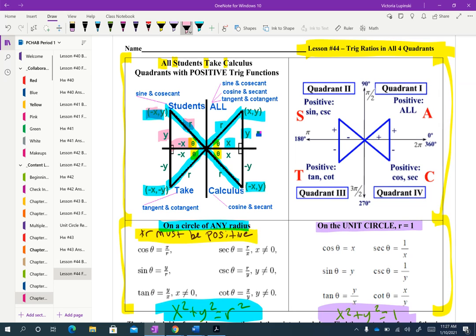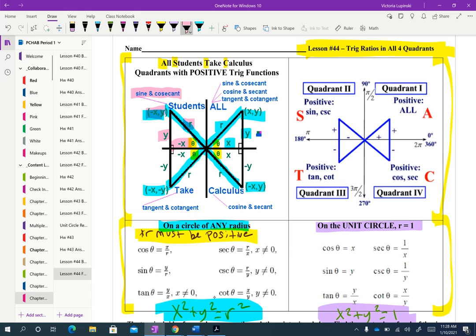And again, that would be indicated by the fact that any point would be negative x, positive y. What that tells you is that any ratio that has an x in it has to be negative. So that would mean that the cosine, the secant, the tangent, and the cotangent would have to be negative, which would mean that only the sine and the cosecant could be positive in the second quadrant.